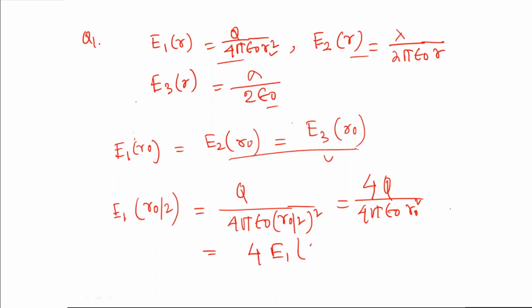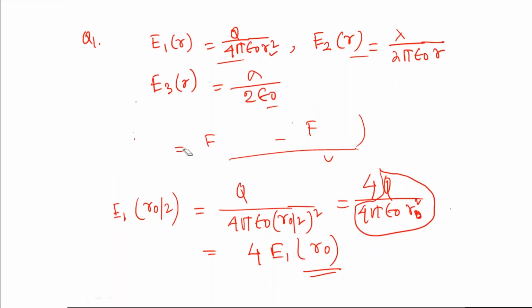Now look, if I find out the other one, E2 at R0 by 2. I have to find out E2 at R0 by 2. Similarly here, instead of R, I'll put R0 by 2, so the 2 will go up, and this will be lambda by 2 pi epsilon naught R0 with a factor 2.